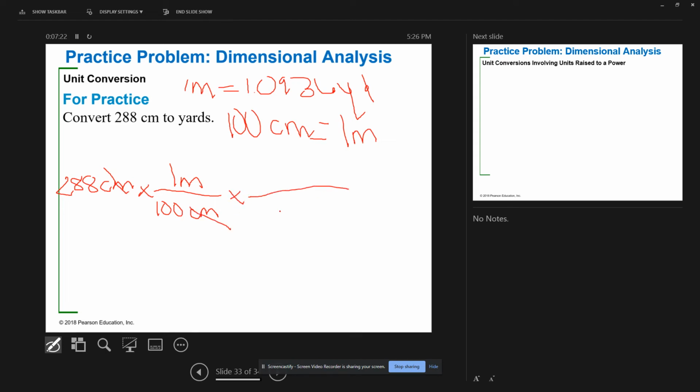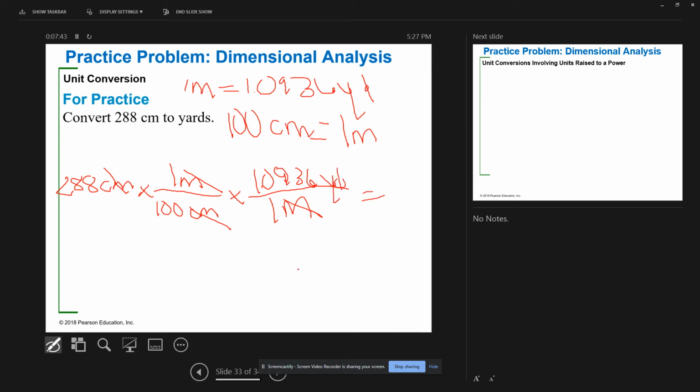And then I'm going to multiply to get to yards. So I have 1 meter equals this many yards. So my 1 meter is going to go on the bottom, so those cancel, and 1.0936 yards.